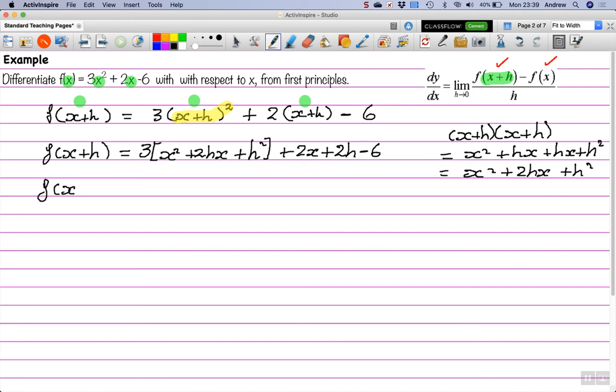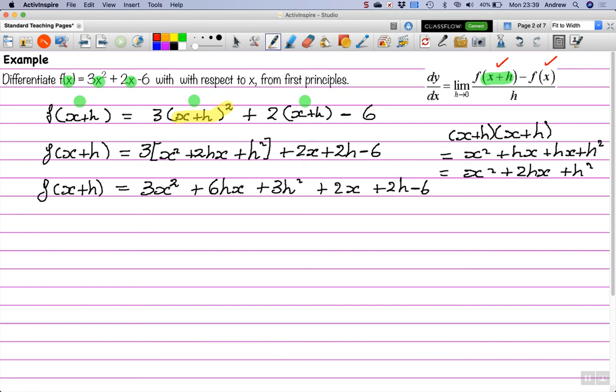F of x plus h is equal to, multiply out the bracket, 3x squared plus 6hx plus 3h squared plus 2x plus 2h minus 6. So we've now finished doing the green part of the formula.